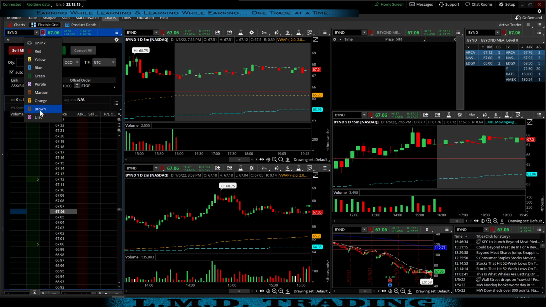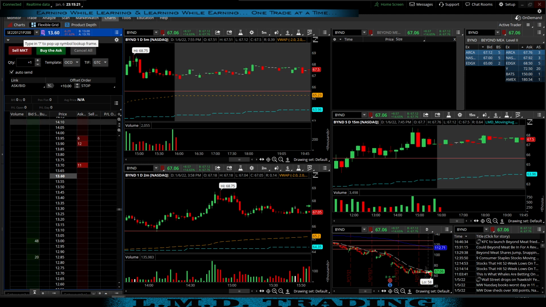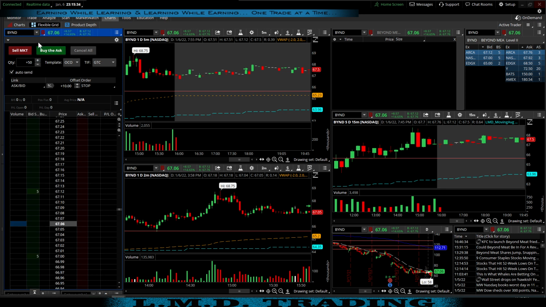I can click right here and go to Lilac, and now you see this has changed to the last contract that I was looking at, and I can use that here so that I don't have to go back over to that other option trader window. But it's not hard for me to be looking at that option trader window.